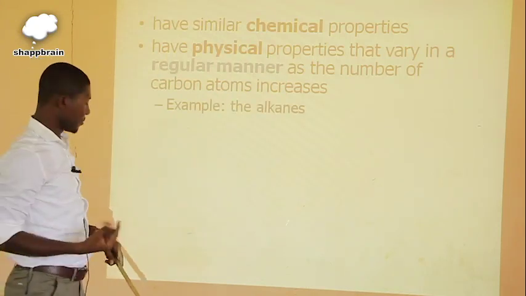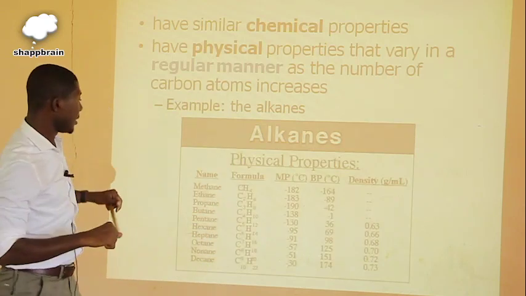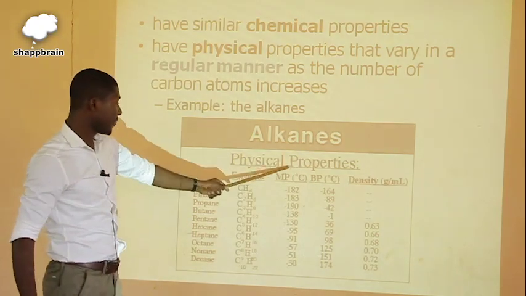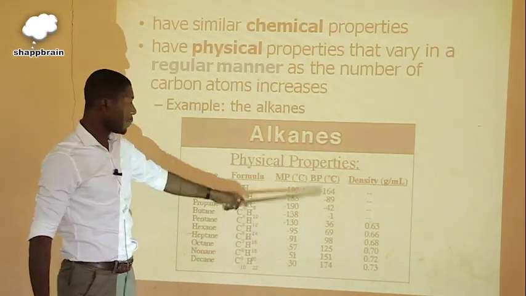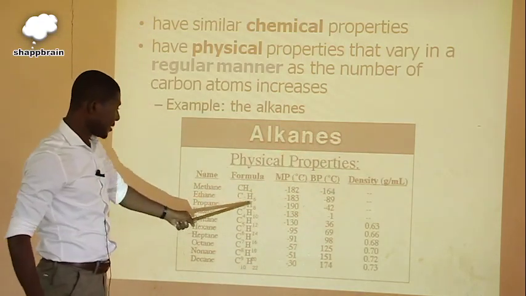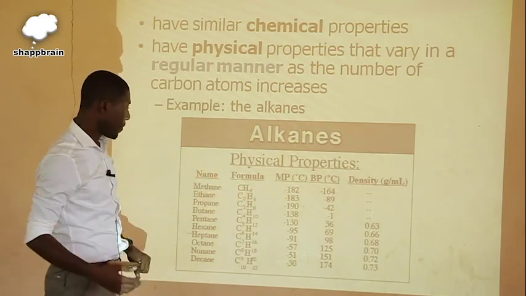For example, the alkanes, as we can see here, in terms of physical properties, methane, which is CH4, has a melting point of minus 182, boiling point of minus 164. Density is not known. Then ethane, C2H6, melting point of minus 183.